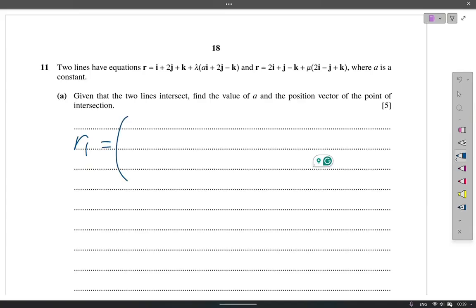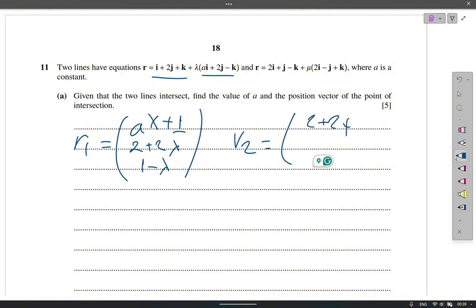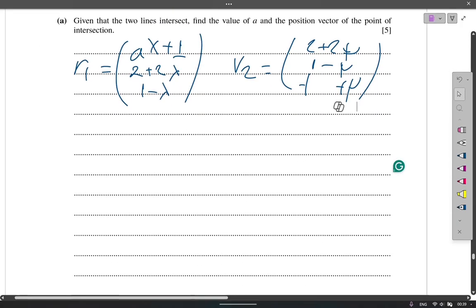So in this case, I'm gonna just add these to each other to get this. What is here?